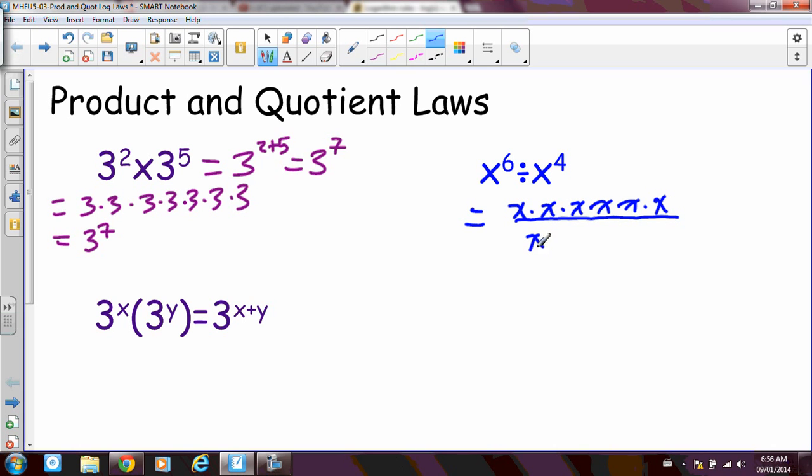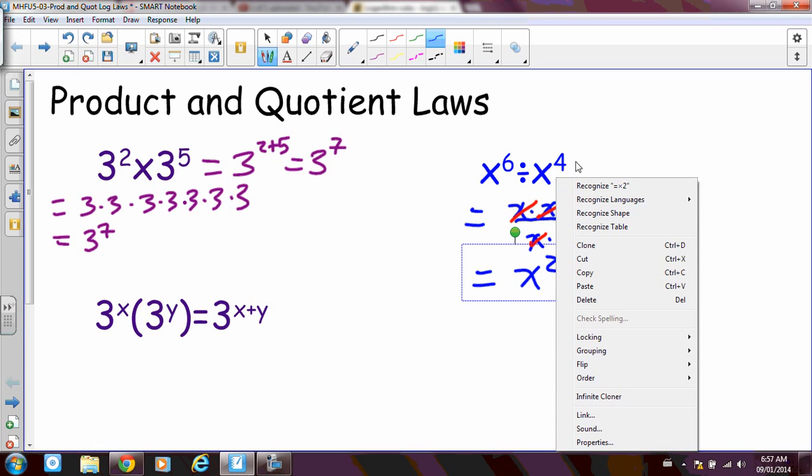And of course, same idea on the bottom. There are 4 of them. And so those cancel, 4 of them. x divided by x is 1, x divided by x is 1. And at the end of it, we're left with x times x on top, or x squared.